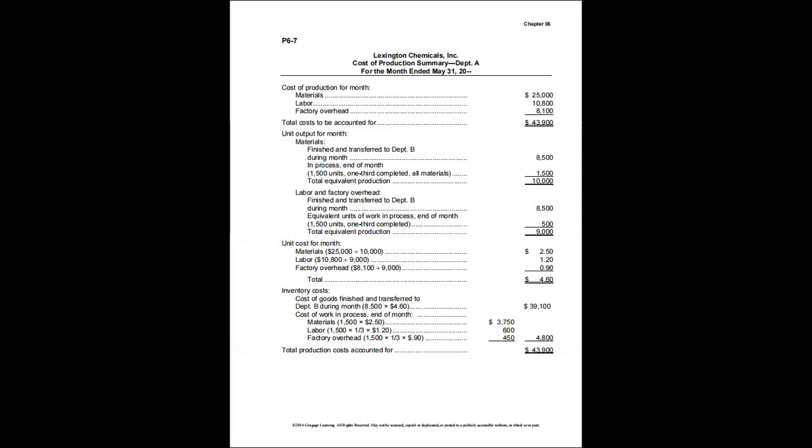Finished and transferred, 8,500. 500. Department B, 9,500. Units in process, end of the month, 1,500. And Department B, 500. Stage of completion, one-third and one-half.